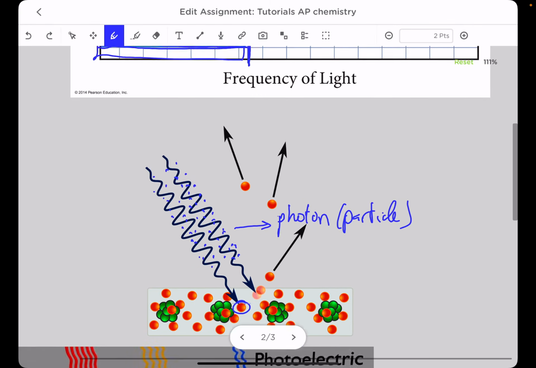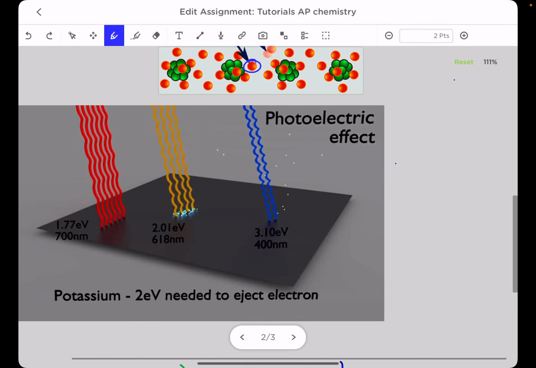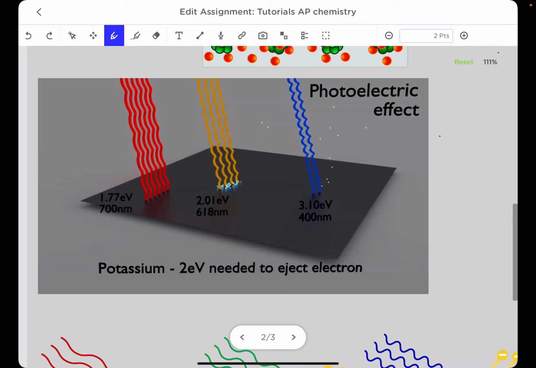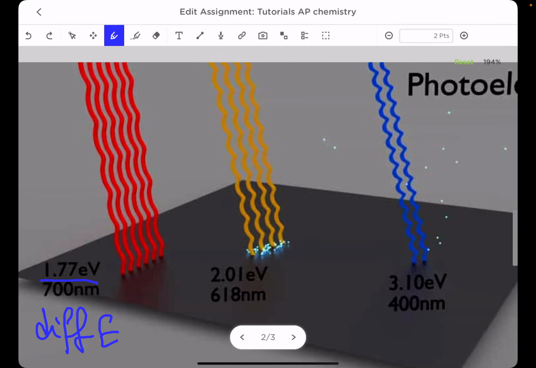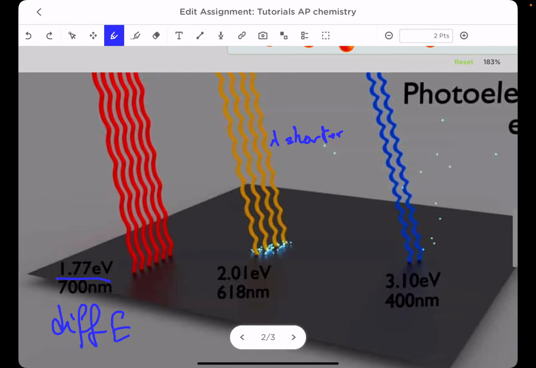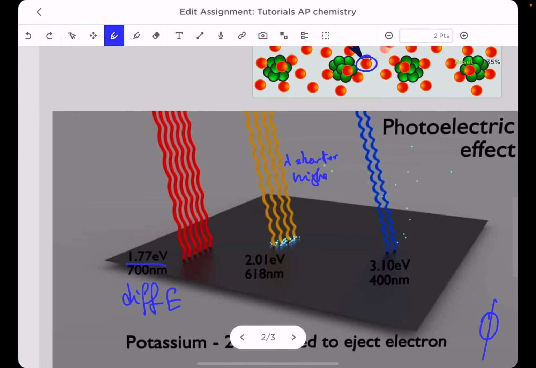Now, let's just look at these figures over here. Here I have light with different frequencies, different energies. This is the lowest energy. Obviously, no electrons are dislodged because we did not meet the minimum required energy. We did not overcome or equal the binding energy. The second one, if you notice here, the lambda is shorter compared to the red one, meaning higher energy than the previous one.